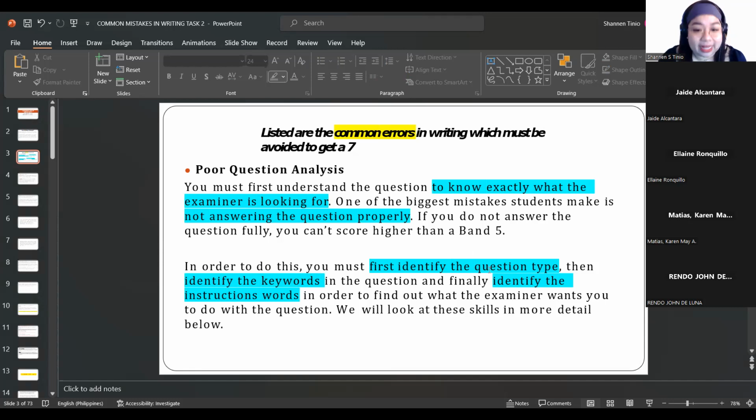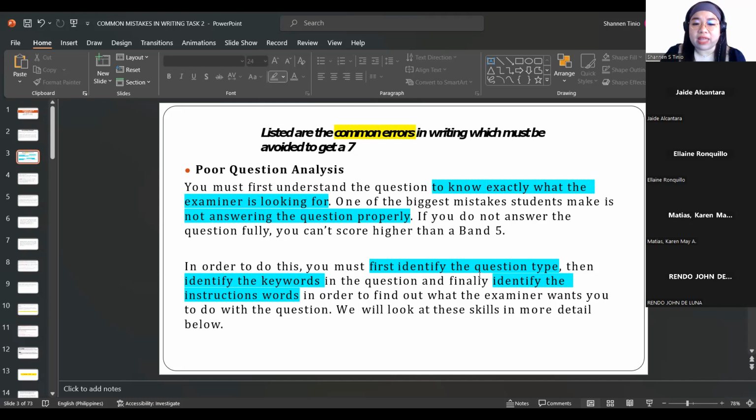It's a full package, okay? You can't leave out the keywords and then just focus on the instruction words. You can't just identify the question type and then not focus on the instruction words. It's a full package. Follow these steps in order for you to have good question analysis.